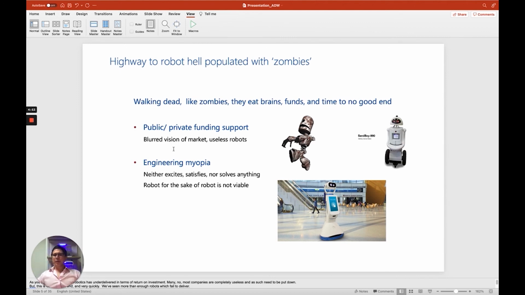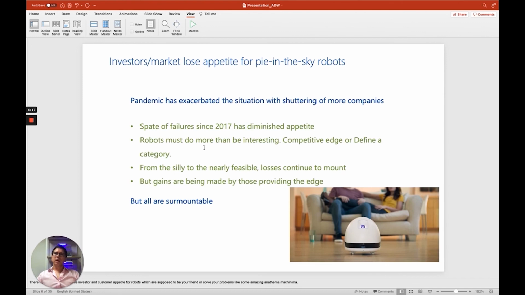However, this is coming to an end, and very quickly, because we've seen more than our share of robots that fail to deliver to their customers or to the investors, which place their faith in these companies. So investors and the market are losing their appetite, as I mentioned, for these pie-in-the-sky robots.